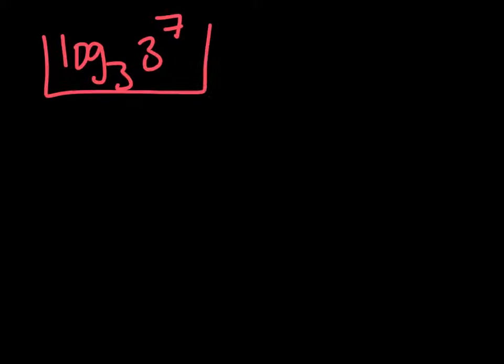Let's try another one. If I have log base 3 of 3 to the 7th, as long as the base of the log and the base of the exponent are the same, this is my answer, 7.